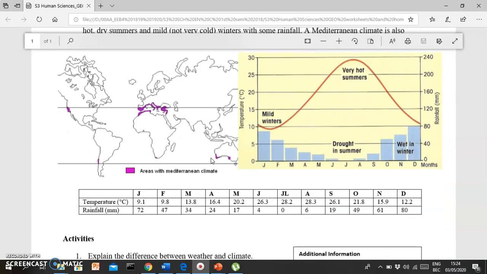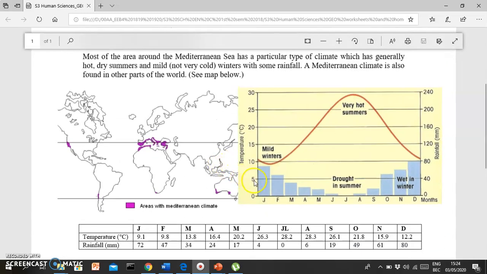Now, today we're going to talk about a few other terms, but first we need to be able to understand this graph, okay? So we are referring to the Mediterranean region, so this graph refers to a place in the Mediterranean that would typically have temperatures and rainfall like this.